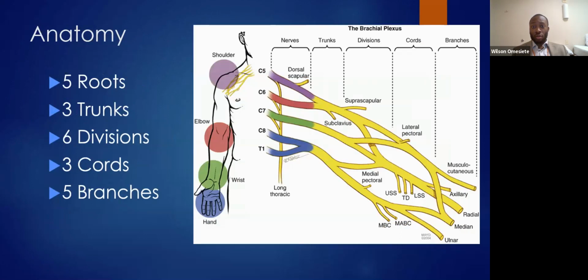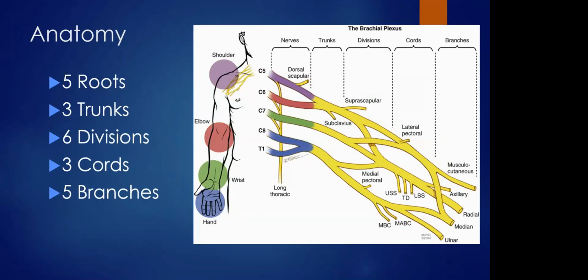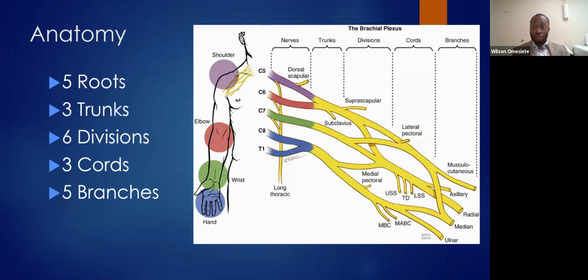So anatomy is always important, but focusing on the details is extremely important in understanding and treating brachial plexus injuries. 5 nerve roots from C5 to T1 give rise to 3 trunks. C5 and 6 contribute to the superior trunk, C7 to the middle trunk, and C8 and T1 form the inferior trunk.